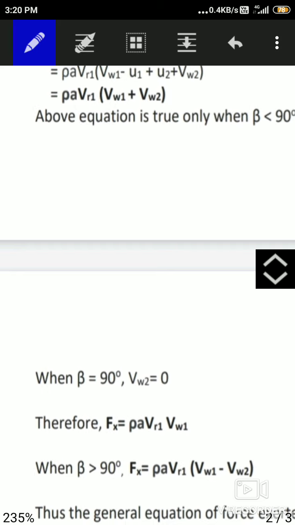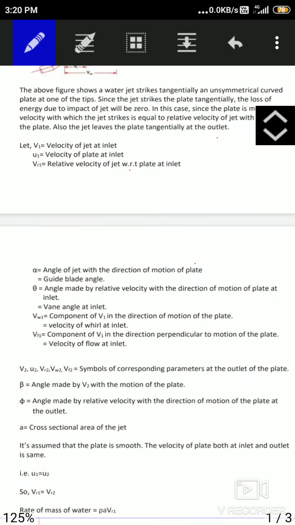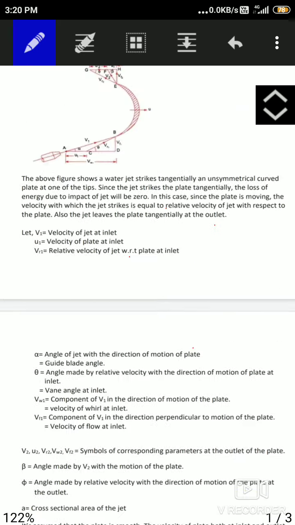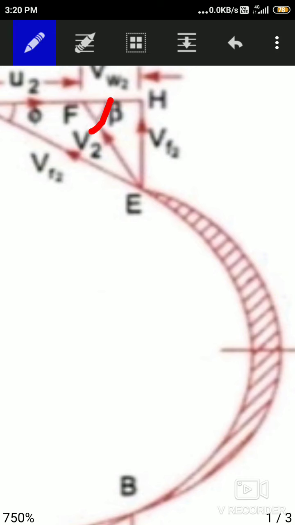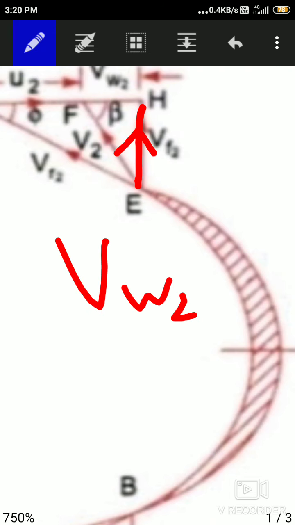When beta becomes 90 degrees, you see in the figure, V2 becomes like this. So if V2 is here, VW2 will be 0.